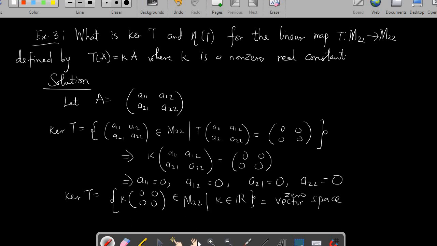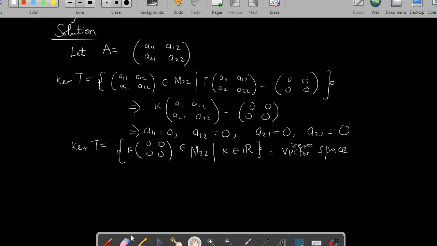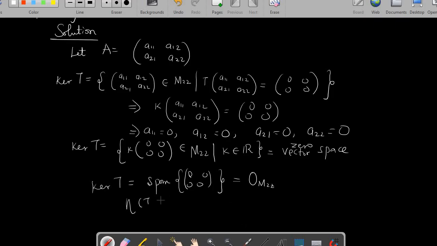Okay, so you might now want to write it this way. The kernel of T is equal to the span of 0, 0, 0, 0, this particular set, and this is equal to your zero vector space for M22. And now the nullity of T equals 0.